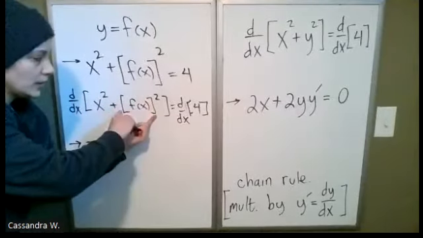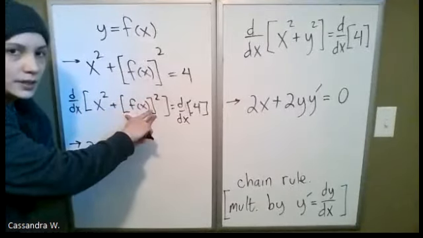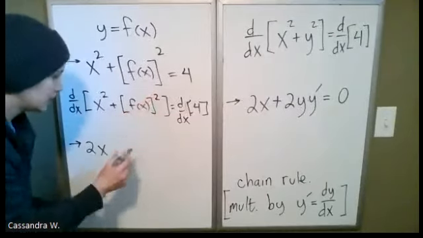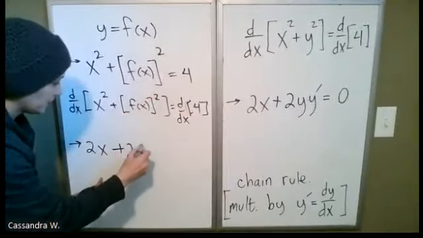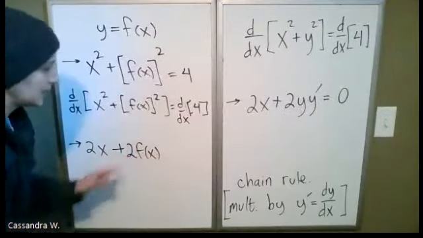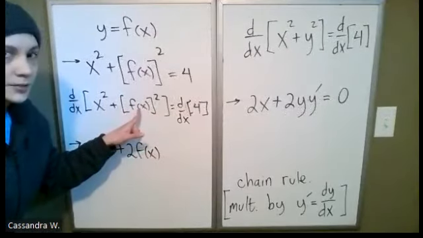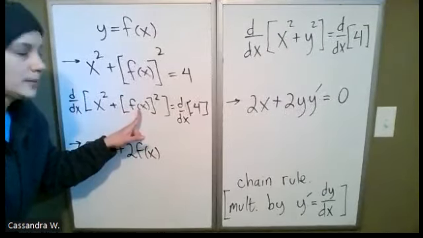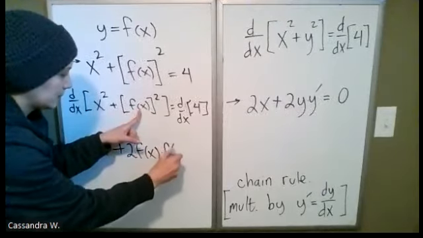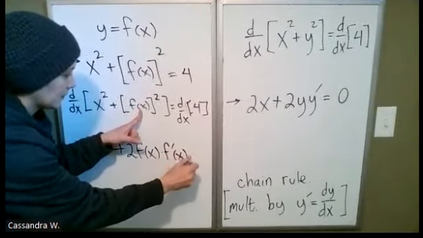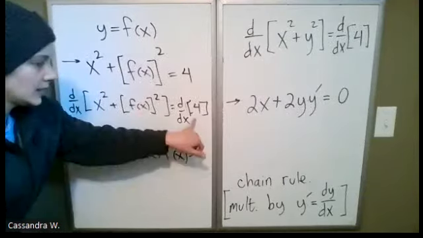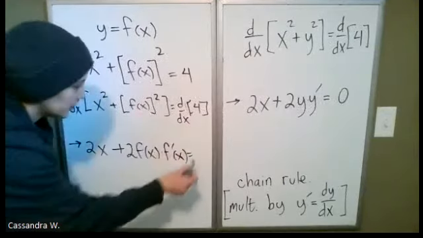You bring down 2, leave the inner function alone, remove 1 from the power. And then you have to multiply by the derivative of the inner function, which is f prime of x. And on this side, you've got the derivative of 4, which is 0.